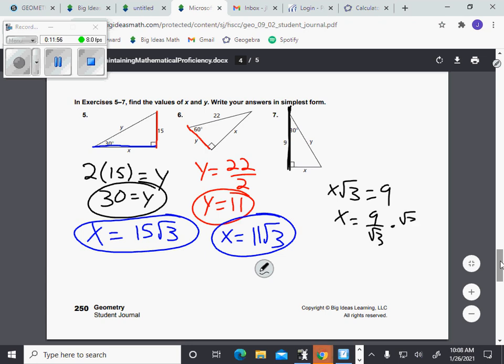So I'm going to multiply by 1. I'm going to put that 1 to use. I'm going to multiply by the square root of 3, and multiply straight across. I get 9 times the square root of 3 over 3. Okay, and then I can simplify 9 and 3. X is equal to 3 square root 3.